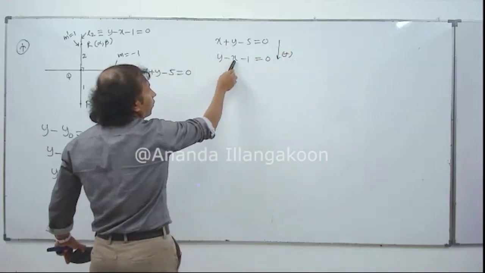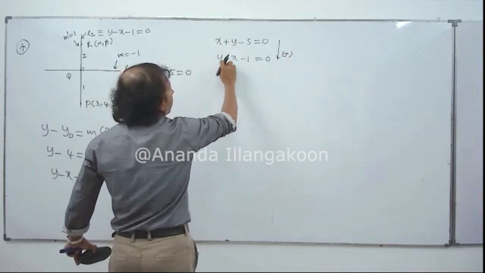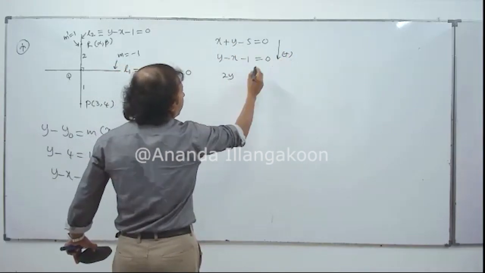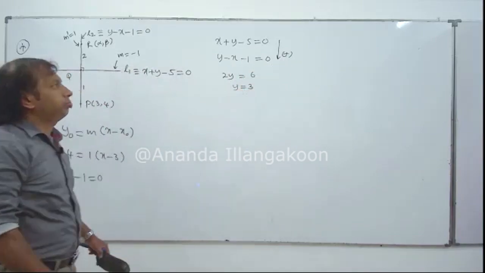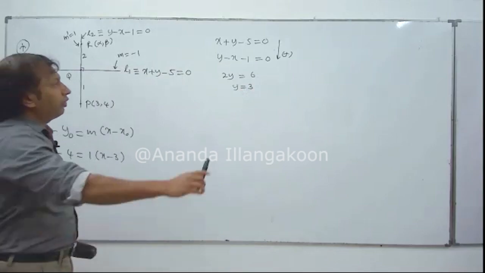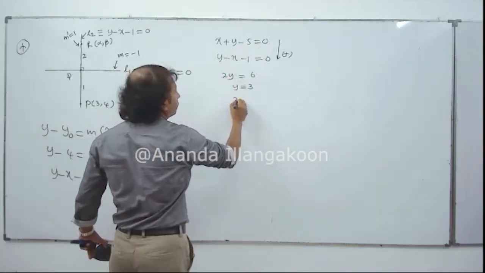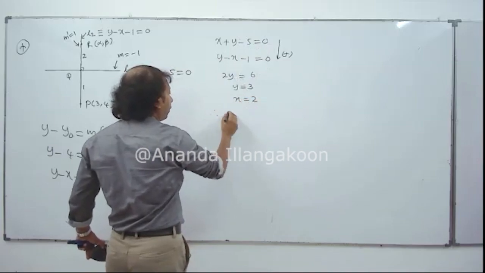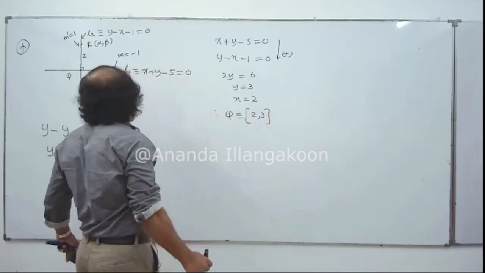The x terms cancel off. Here 2y comes in, here minus 6. Take it to the right hand side, plus 6. y is 3. Put that y equals 3 here: 3 minus 5 is minus 2, take it to the right hand side, x is 2. Therefore, Q is (2, 3). This point.